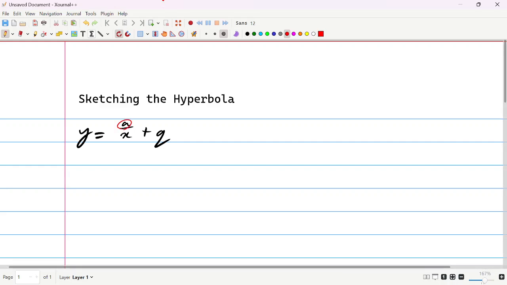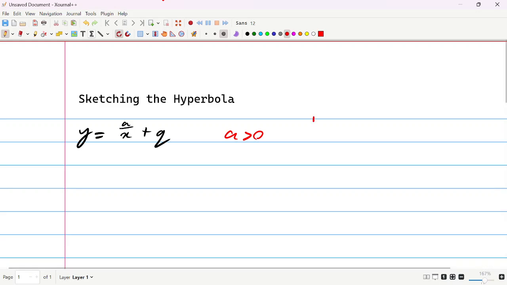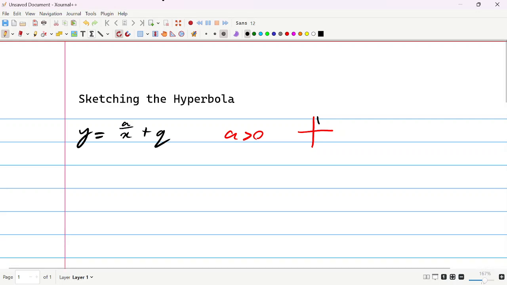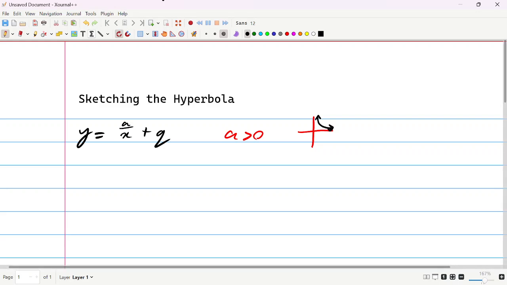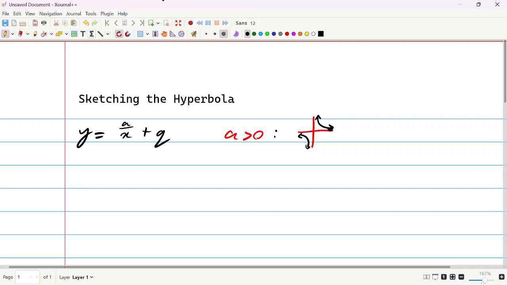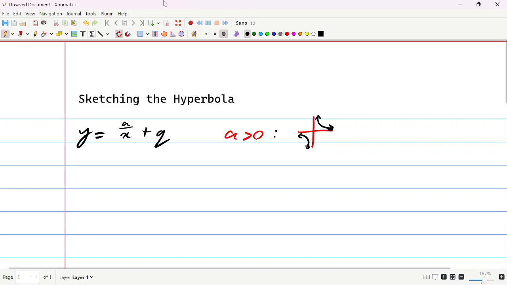The a actually indicated to us that when a was greater than 0, the function exists in the first and the third quadrant. So when a is greater than 0, it would be the first and the third quadrant.